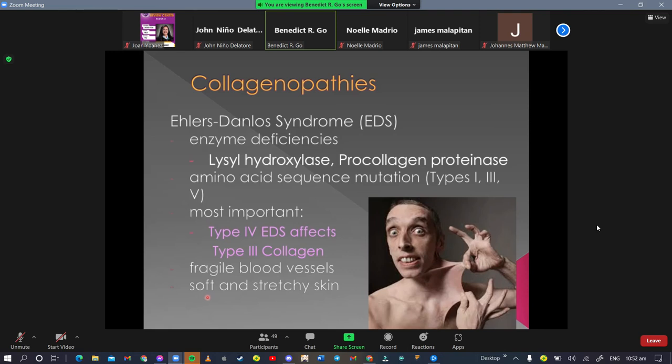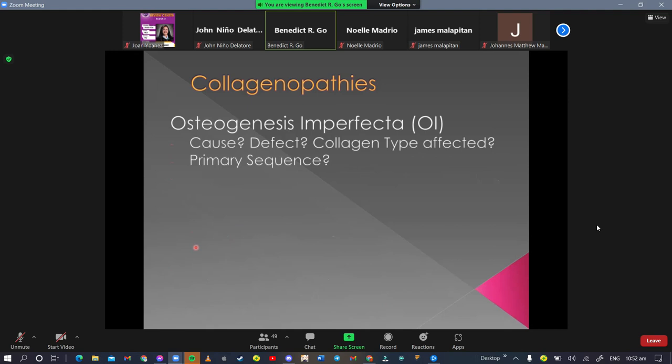Okay. And your classic, the most common, is your type 5 collagen. Oh, here's another one, OI. You should have really read on this because this is your handout, no?